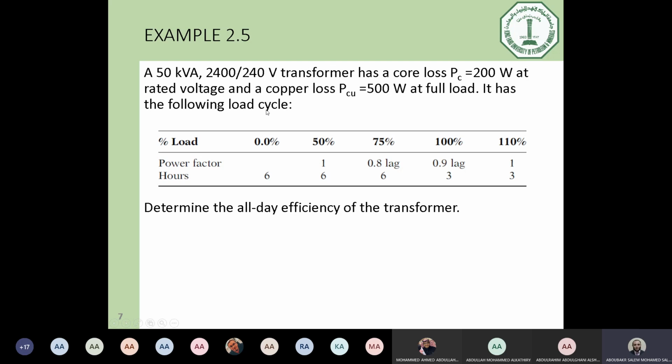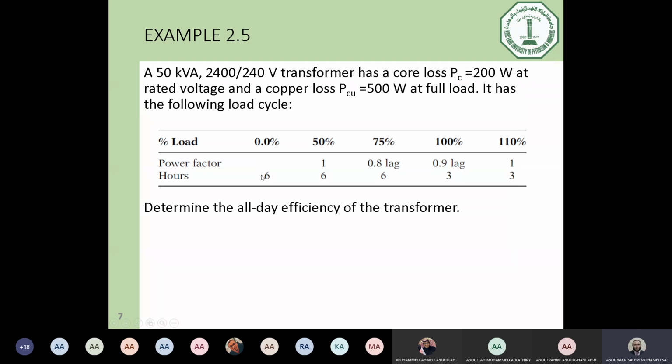It has the following load cycle. Load cycle means the situation of transformer during the day. Load cycle here means we have the percent of load, this is the load factor, and the corresponding power factor for these load factors, and also the number of hours that the transformer is working during the day.